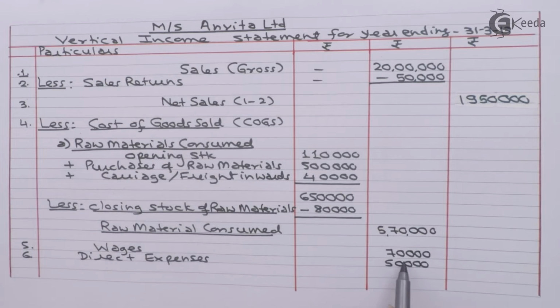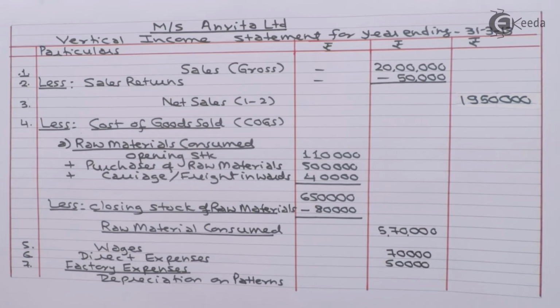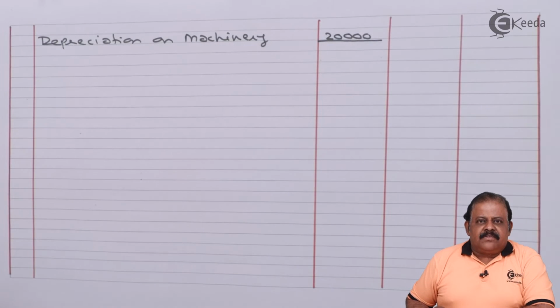Wages 70,000, direct expenses 50,000, factory expenses, depreciation on patterns 10,000, depreciation on machinery 20,000. We can add factory expenses.